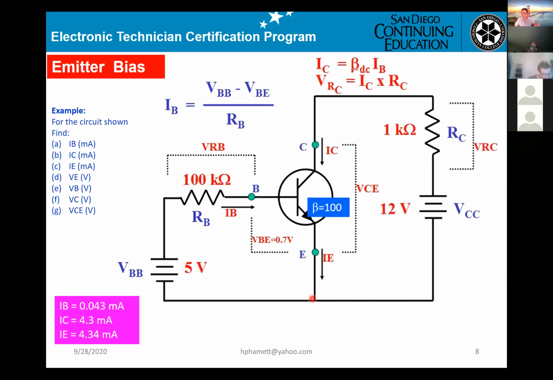No resistor for the emitter. So VE, from emitter to the root, will be 0 volt. VBE means VB, in this case equal 0.7 volt.